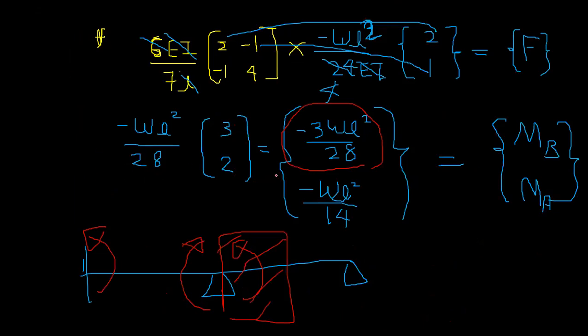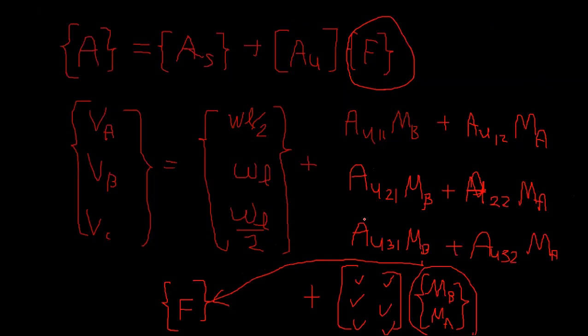F matrix you found earlier. Can you see? So it's very easy. So you know this, you know this, you need to find this, right? So I will write this.